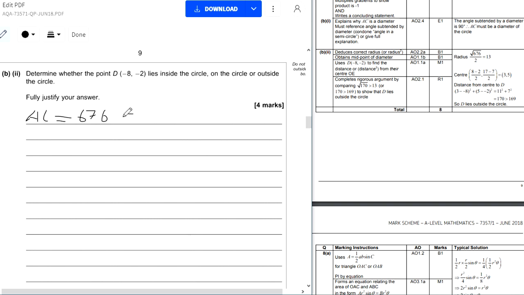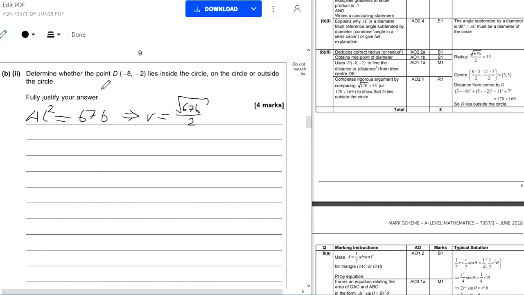Therefore, the radius is going to be half the diameter.